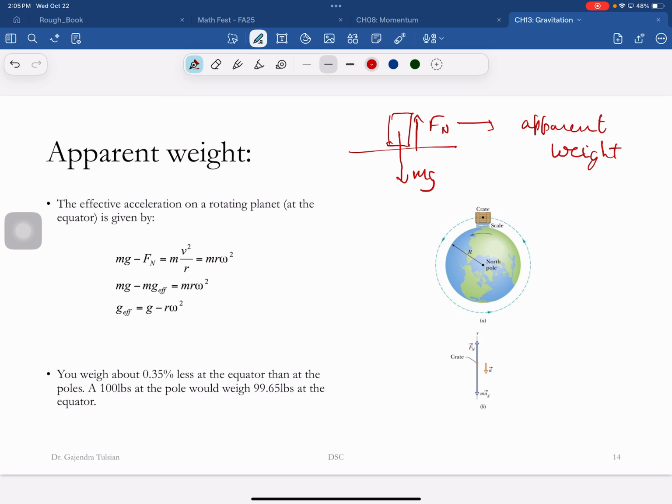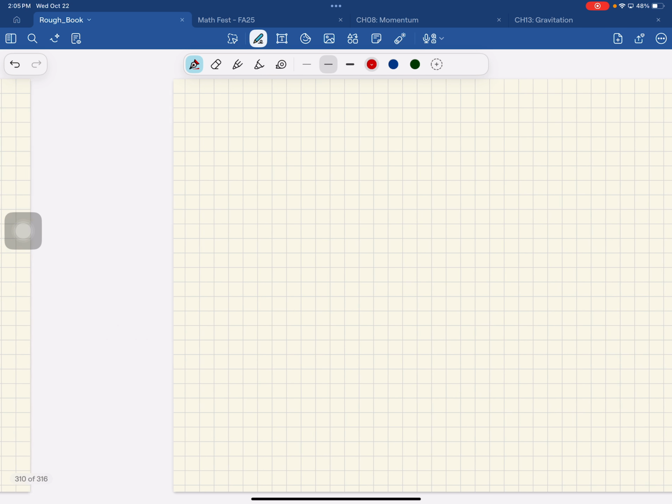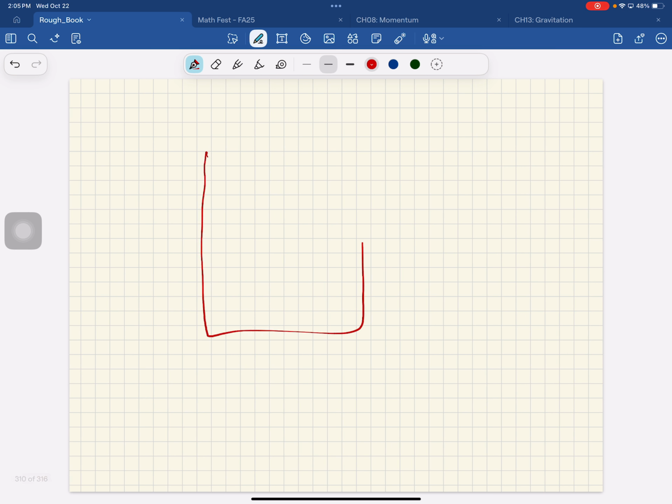So for instance, let's do the following experiment. Here's an elevator. You're standing on a scale in the elevator. Gravity is pulling you down, and the scale is pushing you up, and that's your apparent weight.